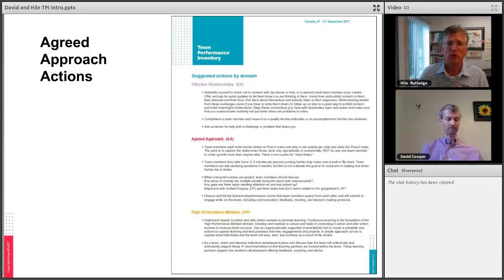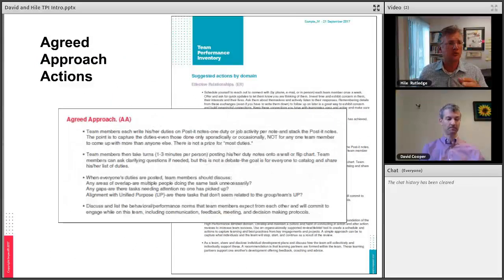For agreed approach, the one Dave was just showing and talking about, we've taken you through a number of steps on a great interactive kind of post-it note exercise that any given group can do. Now, if you bring in a trainer and it's facilitated, that's great, but these are listed such that anybody, any team leader who wants to do this, can take her or his team through this action.